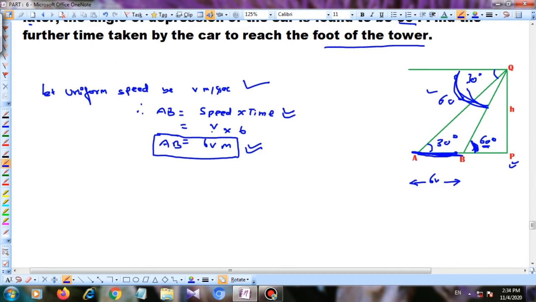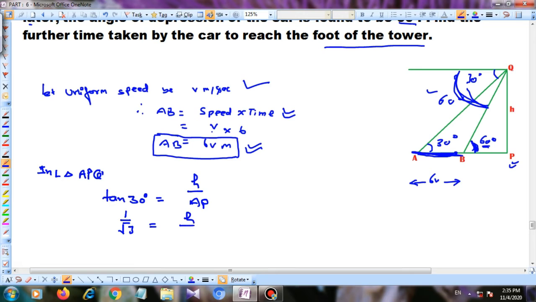In right angle triangle APQ, here tan 30 degree equals h upon the distance AP, right? Value of tan 30 is 1 upon root 3.